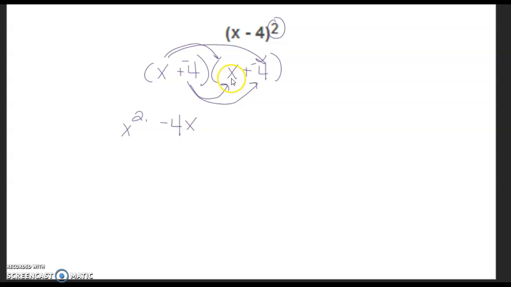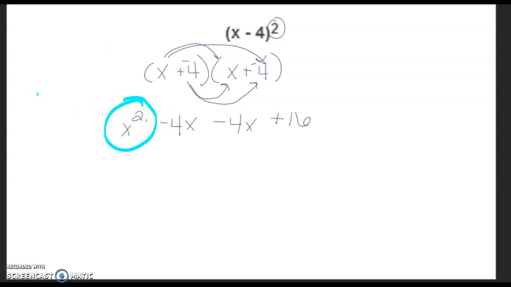Negative 4 times x is negative 4x, and negative 4 times negative 4 is positive 16. Again, this seems complicated, but if you draw arrows step by step and just worry about one at a time, it gets better.